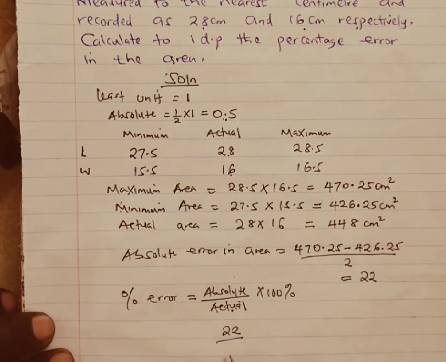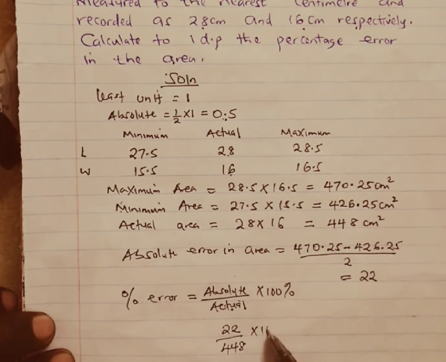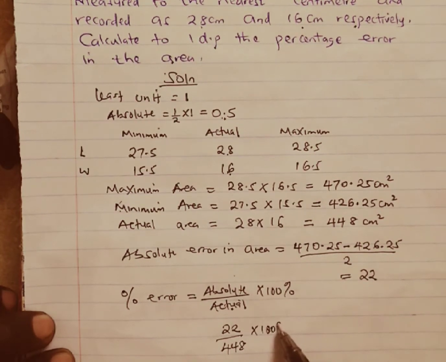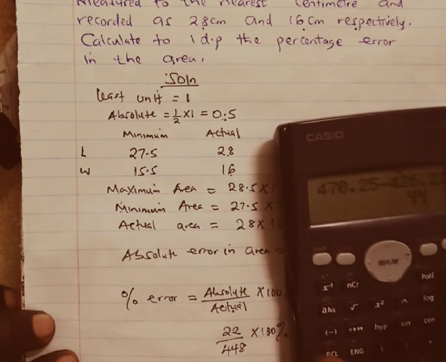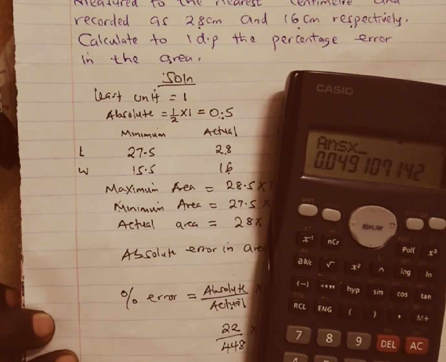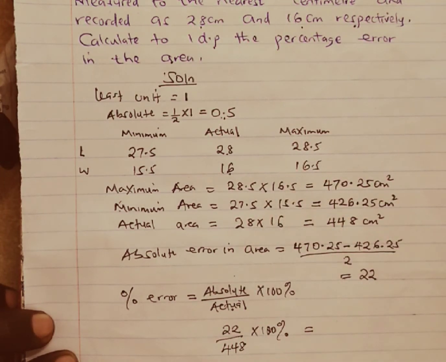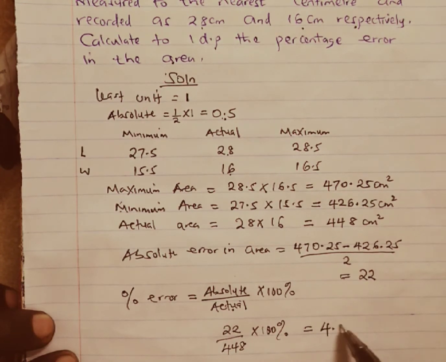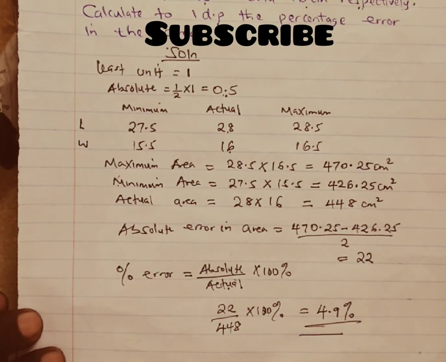Divide by the actual area, which is 448. Everything multiplied by 100%. If you work out this question, we have 22 divide by 448, multiply by 100%, and this gives us 4.9, correct to one decimal place. 4.9%, correct to one decimal point, and that becomes the answer to this question.